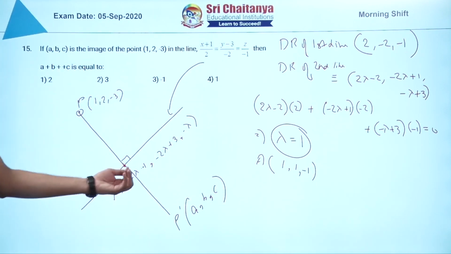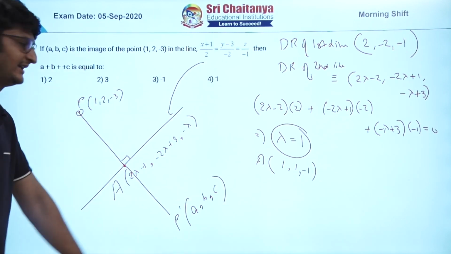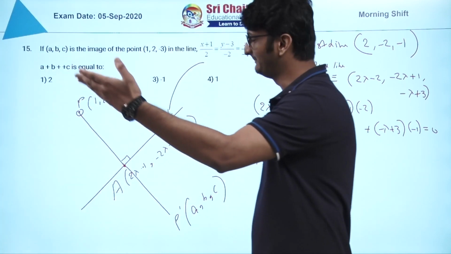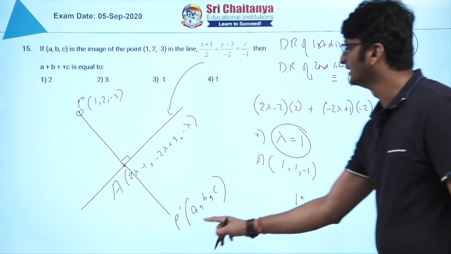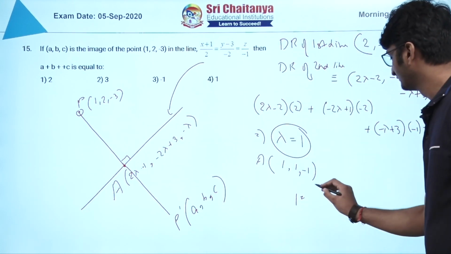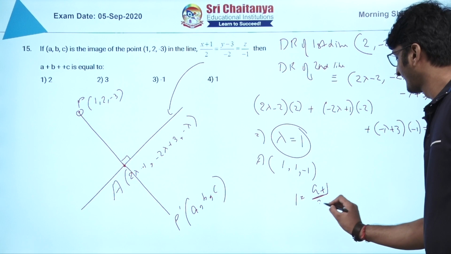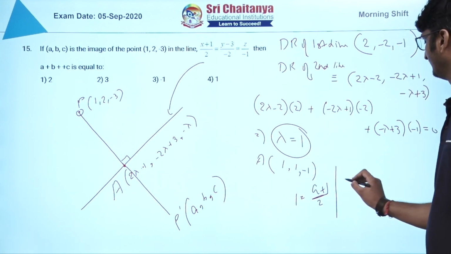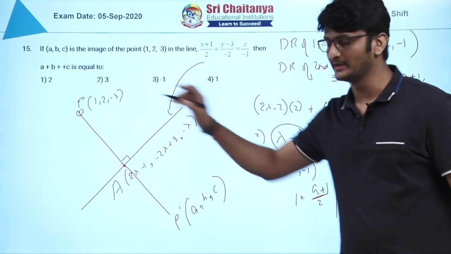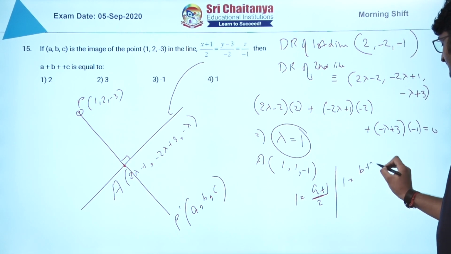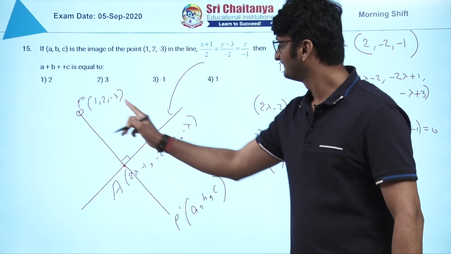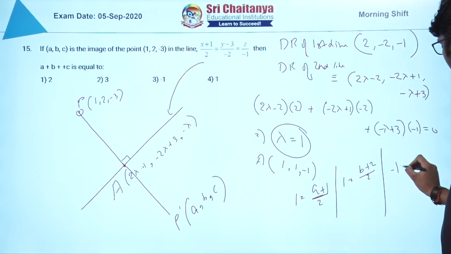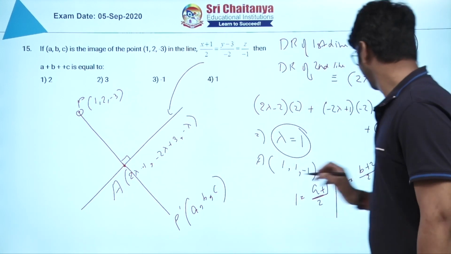And obviously A must be the midpoint of P and its image, so check out: 1 will be equal to (a plus 1) by 2, 1 will be equal to (b plus 2) by 2, and minus 1 will be equal to (c minus 3) by 2.